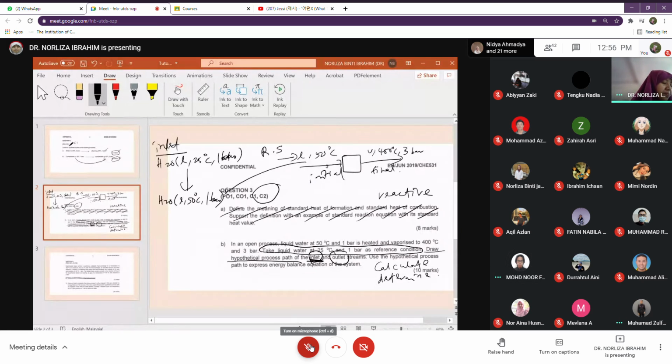Betul. Then phase. Okay. Then temperature. Okay. Then pressure. Betul. So 4 steps for the outlet.